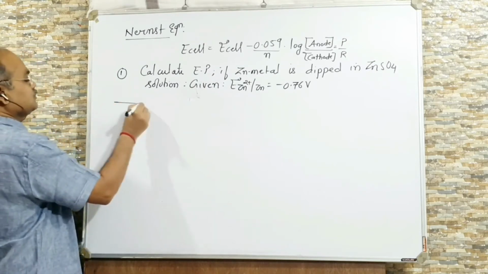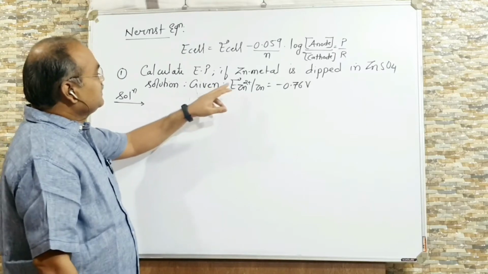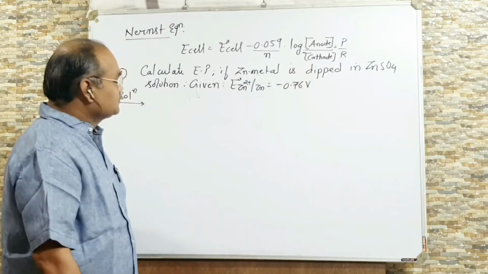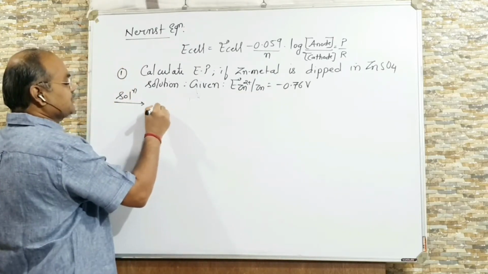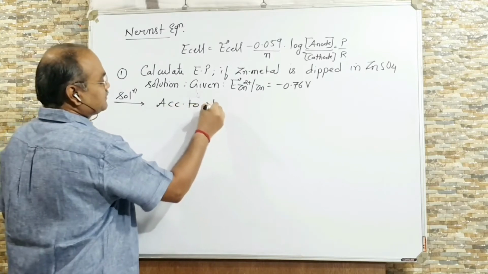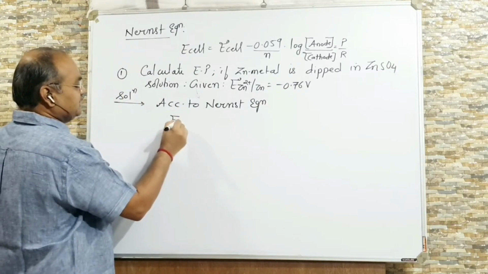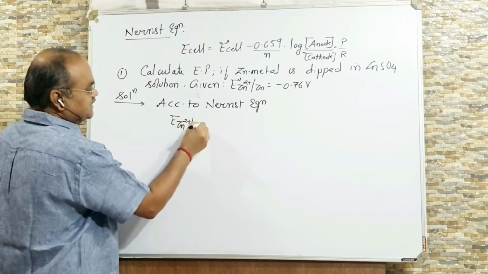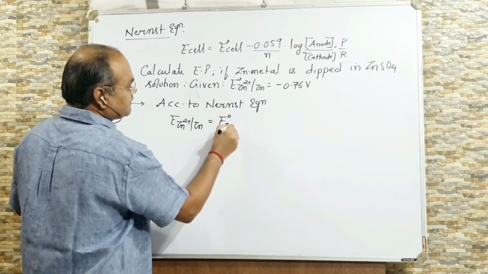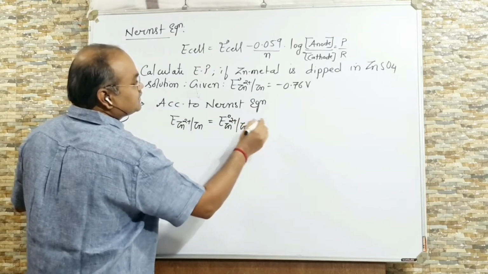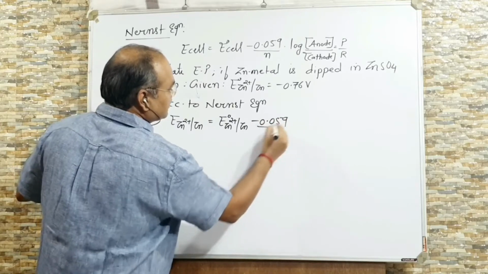So for this, the solution will be: now you can check here, Zn metal is dipped in ZnSO4 solution and given is Zn2+/Zn reduction. So you know yesterday's according to Nernst equation, you can write E Zn2+/Zn which you want to calculate is equal to E0 Zn2+/Zn which is already given to you minus 0.059 by n.